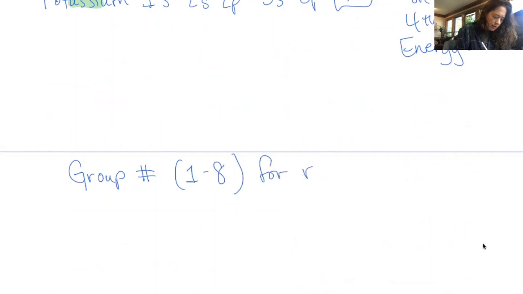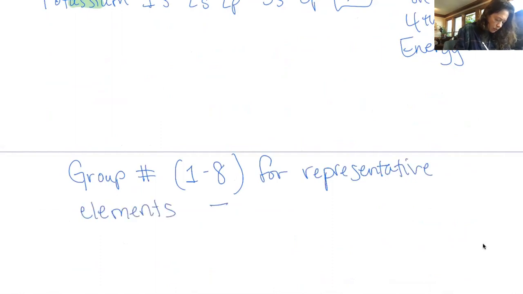I see that the group number 1 through 8 for representative elements is equal to the number of valence electrons of that element.